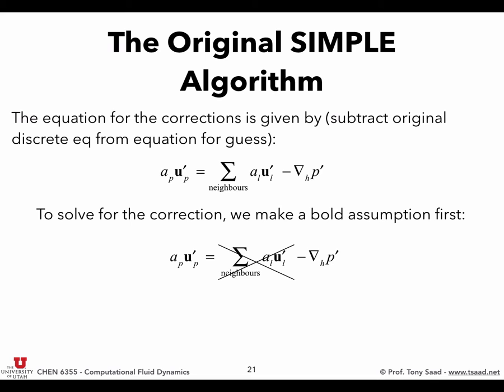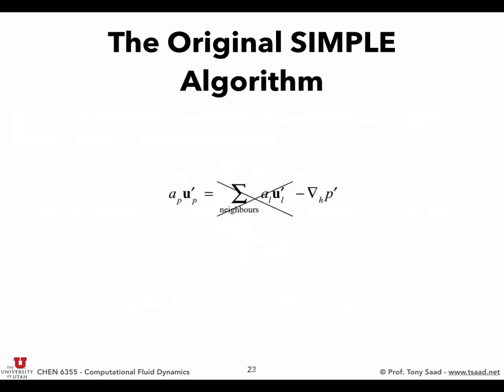But the initial introduction of the SIMPLE algorithm neglects this term. Don't hang out on it because it's an iterative procedure. The worst thing this is going to do is affect your convergence rate. Then you can over-relax or under-relax based on how your convergence is operating. But let's make that assumption. So that simplifies our correction equation.